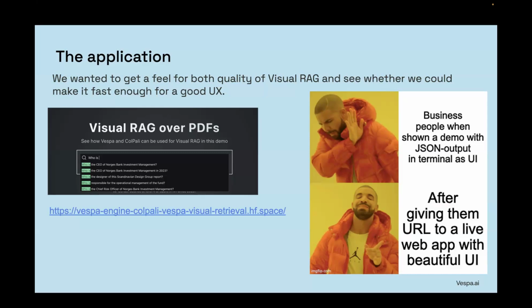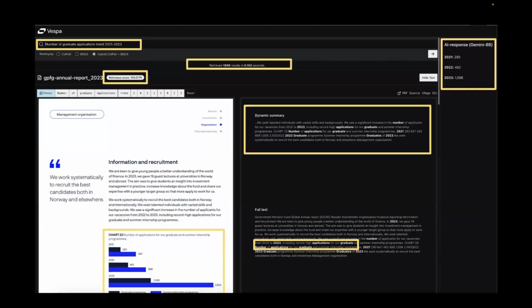So the application, if you search for something, you get results something like this. And there are a lot of interesting things going on here. You ask for something, here's the query, right? You ask for number of graduate applications trend from 2021 to 2023.